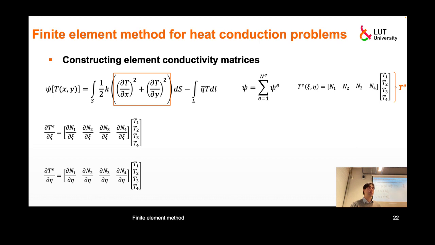I cannot differentiate them. The only thing I can differentiate are those shape functions. They do depend on coordinates, as we noticed. And I can say that if I calculate derivative of this expression with respect to psi, it will look like that. Partial derivatives of my shape functions with respect to psi. With respect to eta, I will have those partial derivatives of shape functions with respect to eta. All right?